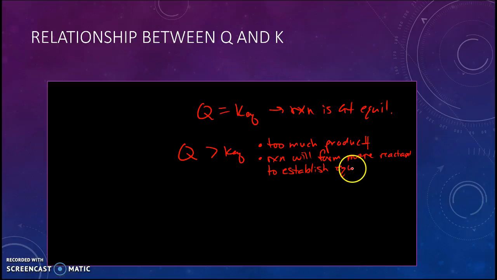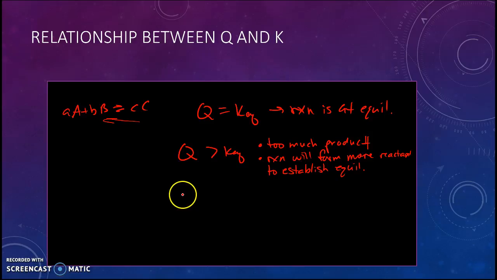And it's going to do that by using up product. So if Q is greater than K, some of the product would be used up, and it's going to shift that way.